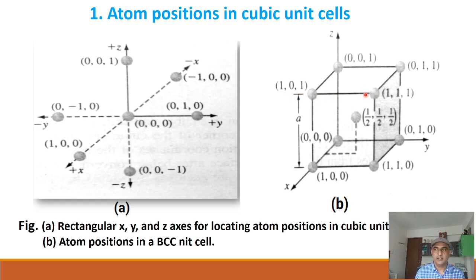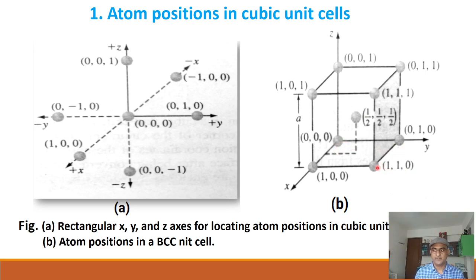This is the y-axis, this is the z-axis and this is the x-axis. See, my pointer is moving along the x-axis. Similarly, the point here is 0, 1, 1, and below this point is 1, 1, 0, meaning x is 1, y is 1, and z is 0.